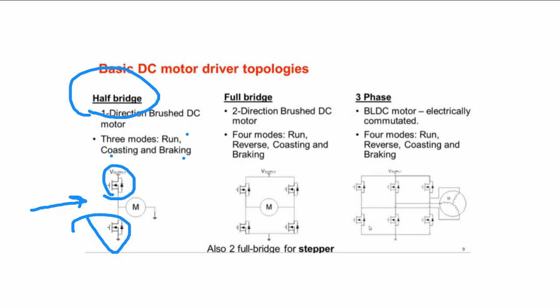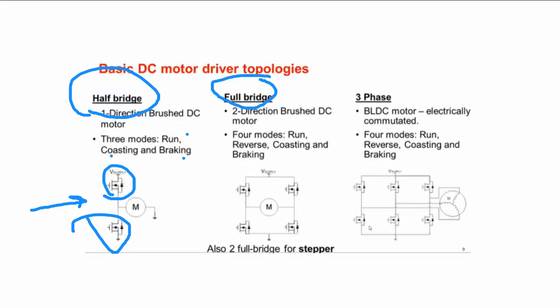Now I compare that to a full bridge, and I avoid the use of H bridge, which is sometimes a nomenclature for a full bridge. Full bridge and H bridge is nearly the same thing, and you can see in this second middle diagram where you can sort of see the H that forms around the motor.